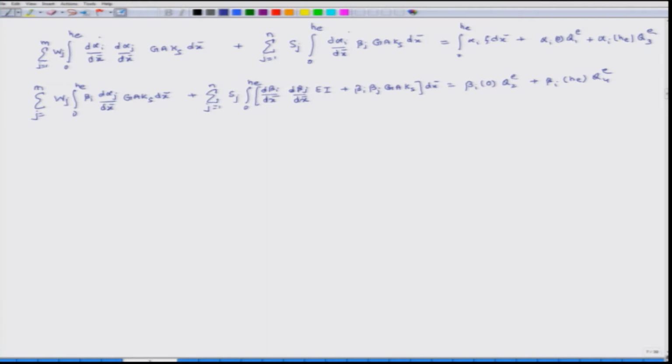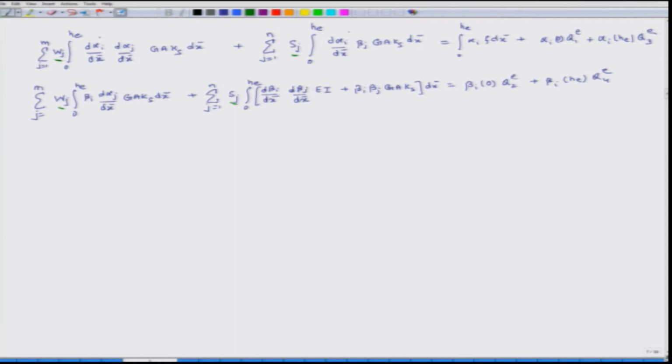Now, a couple of comments. Here W j and S j are present in the first equation, and W j and S j are also present in the second equation. W j and S j are constants associated with W and psi, and they are unknowns, so we have to find them out.